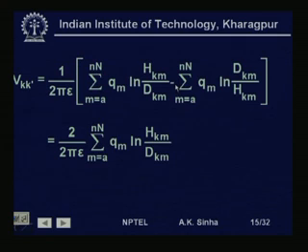mth conductor, minus summation m is equal to a to nn, that is for all the conductors in the system, qm, the charge on mth conductor, into ln dkm by hkm, that is again the distance between the conductor k and conductor m, divided by the distance between the kth conductor and the image conductor m.